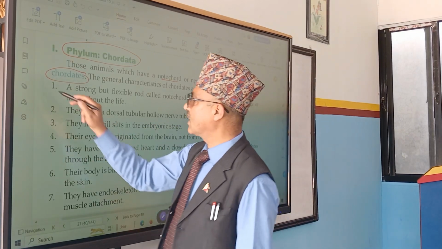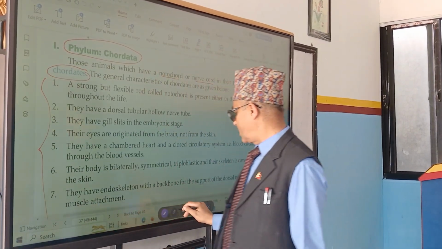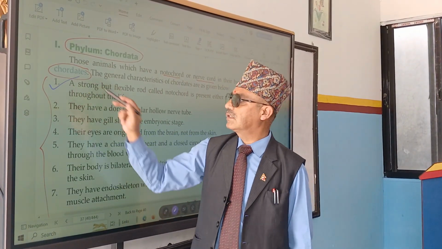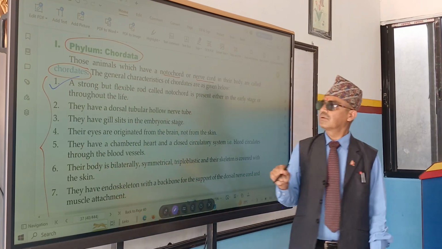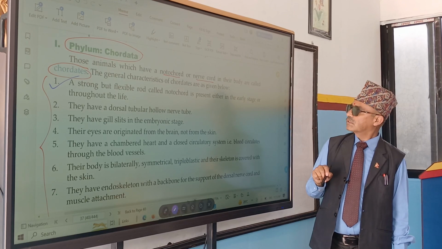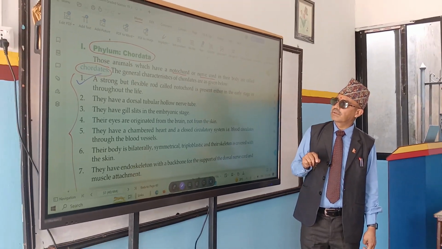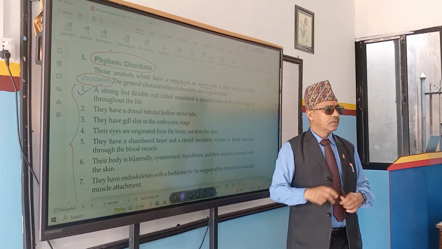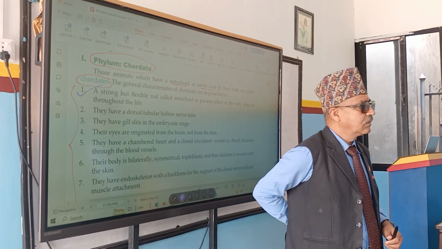How many characteristics are mentioned here? There are seven. What is the first characteristic? A strong but flexible rod, the notochord, is present either in the early stage or throughout life.